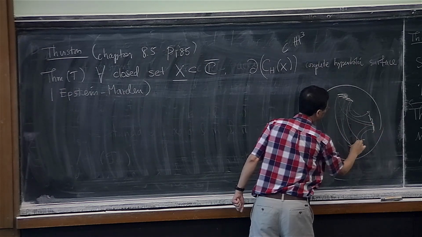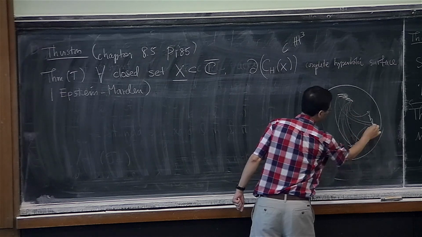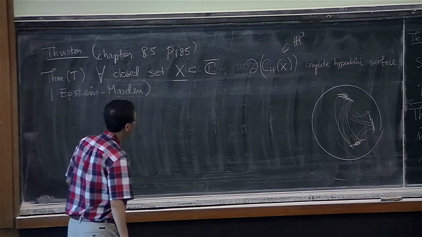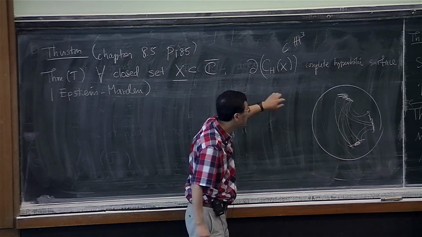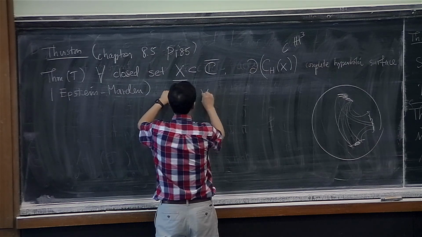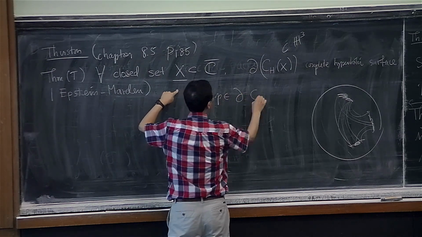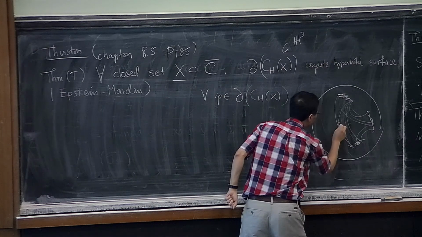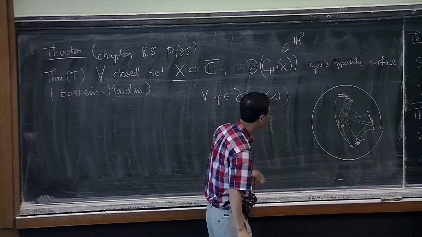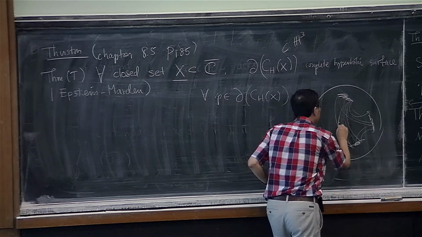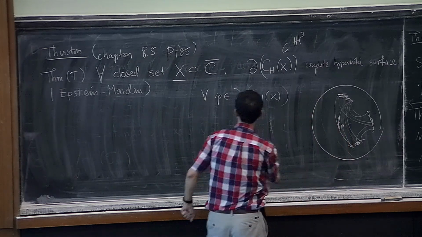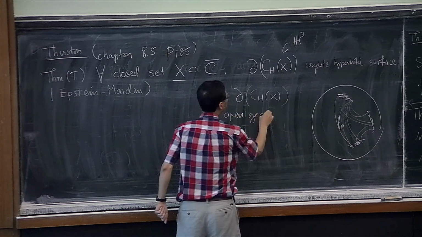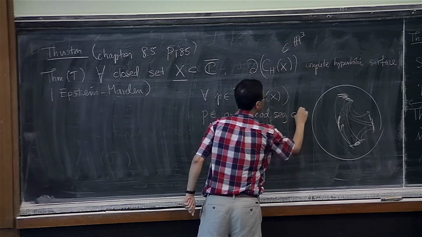Really, you take all possible hyperbolic tetrahedra whose vertices are inside and look at the union. And that's this convex hull. From this point of view, you take a point P in the boundary of the convex hull, then it lies in an open geodesic segment, which is inside the boundary.